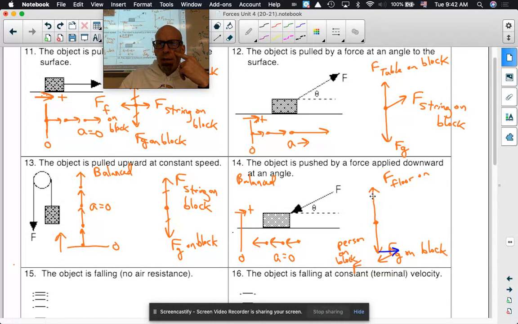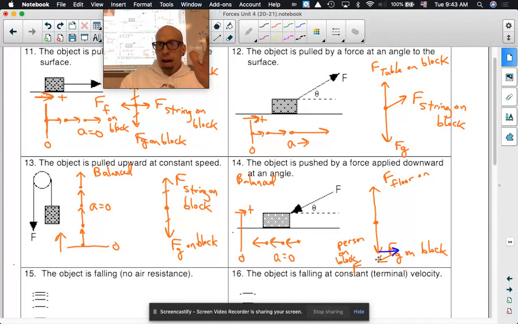And why is that? Well, think about this. What is happening in this scenario? This person is pushing the block, not just horizontally, but also vertically. Like when you push down at an angle like this, some of the force you're pushing is going down, some of it's going horizontal.